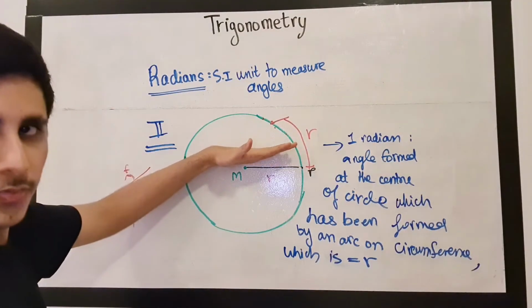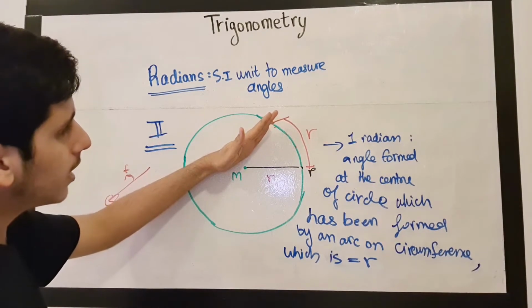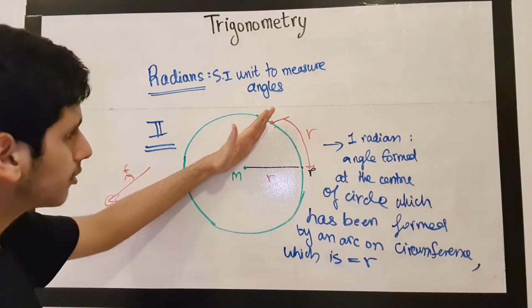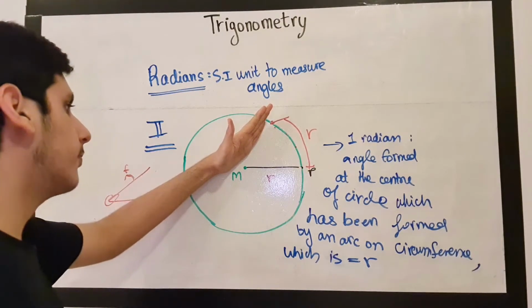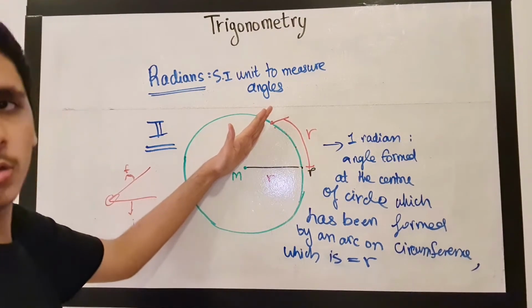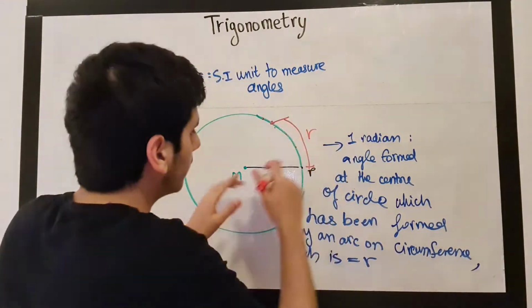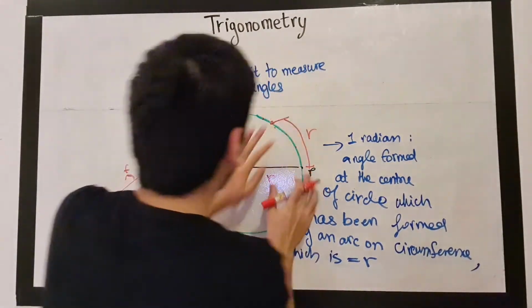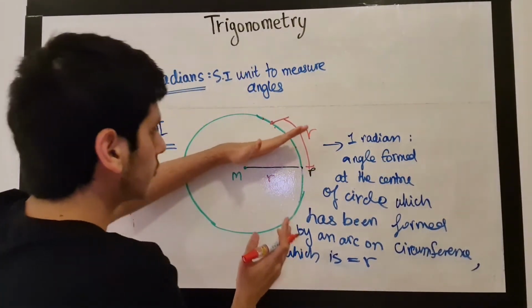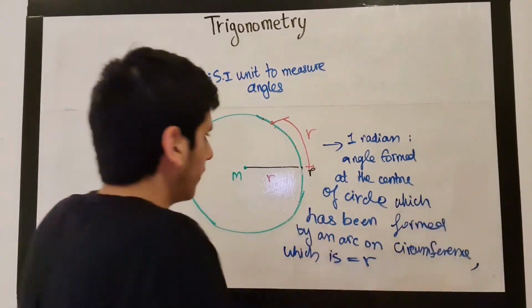So I'm increasing and rotating my initial arm to an extent such that the arc at the circumference equals R. So that was one way of understanding the rotated radius, and this is another way, and both of them are the same thing, the same definition.